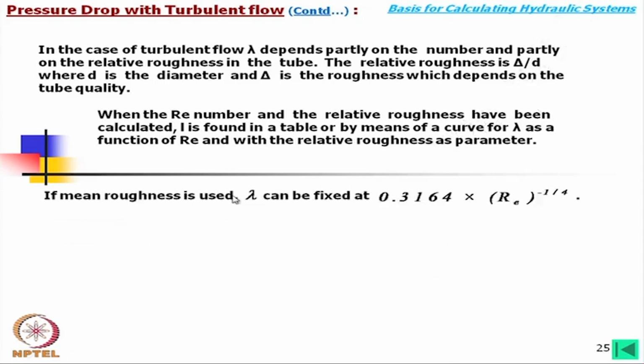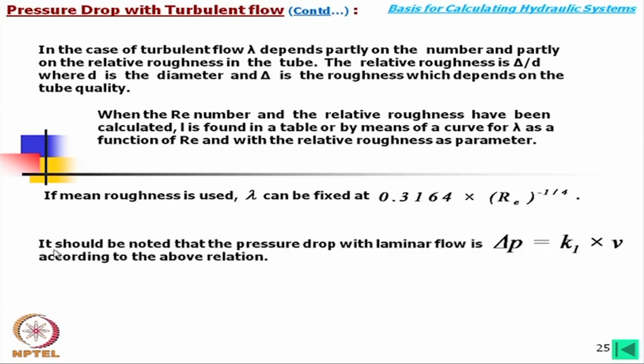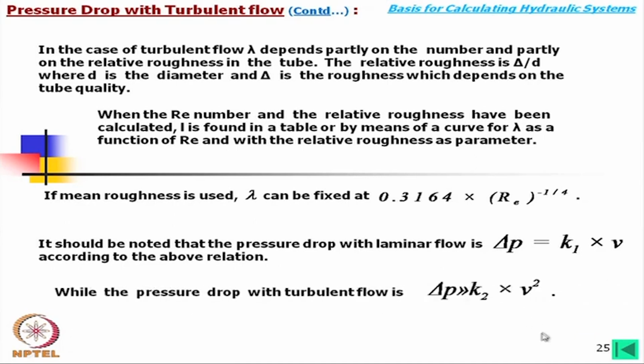If mean roughness is used, lambda can be fixed at 0.3164 into Reynolds number to the power minus 1 by 4. It should be noted that the pressure drop with laminar flow is delta P equals K1 into V, while the pressure drop with turbulent flow is delta P equals K2 into V square.